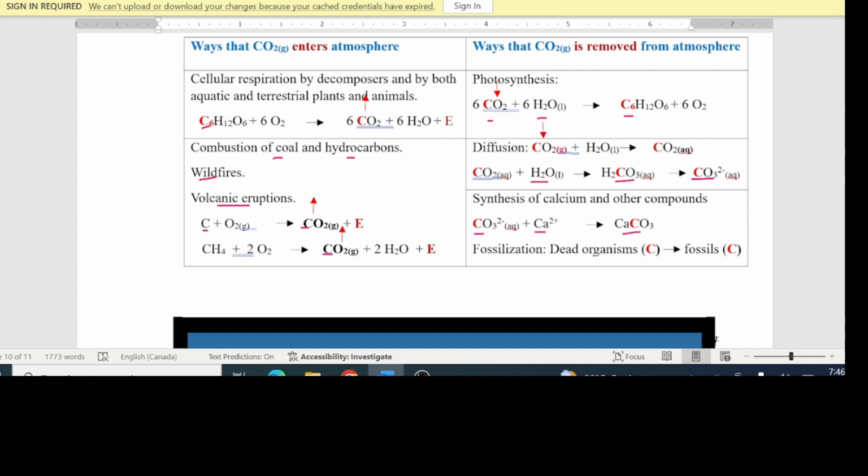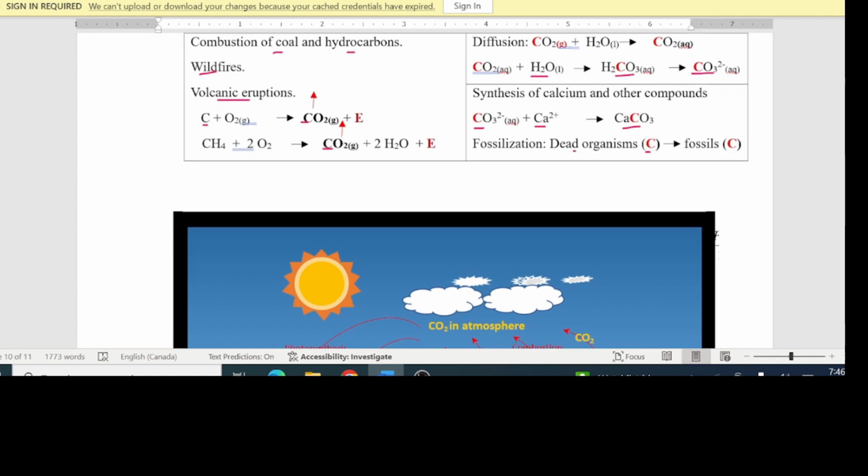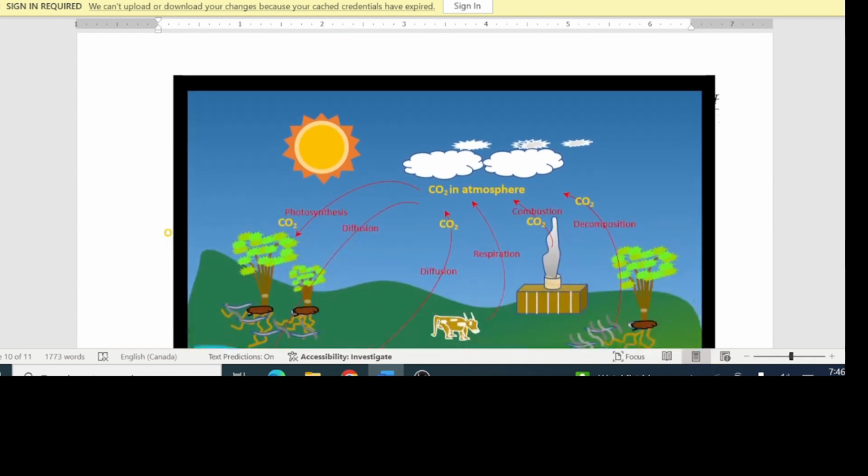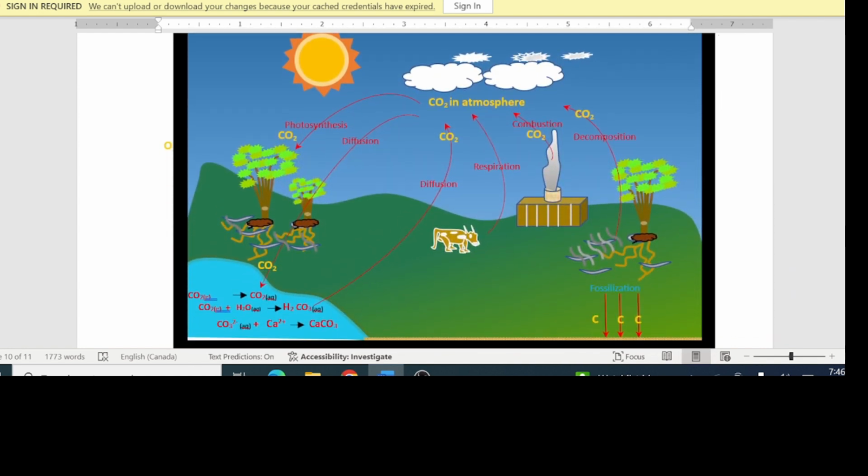And you have fossilization, dead organisms. So this now is the cycle here. It just depicts what was just explained. So this is carbon dioxide from the atmosphere, removed by photosynthesis by plants and diffusion into the water here. So two main processes by which carbon dioxide is removed from the atmosphere.